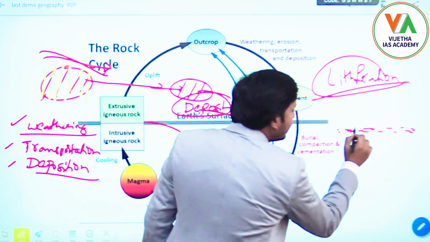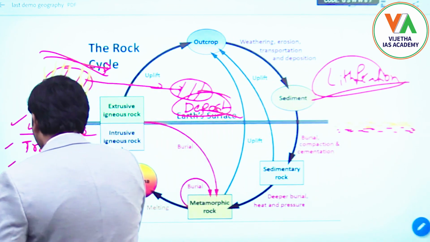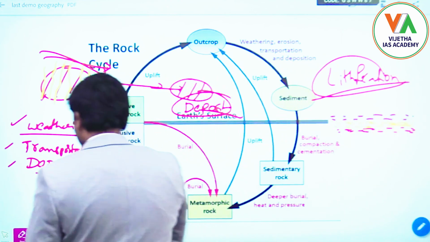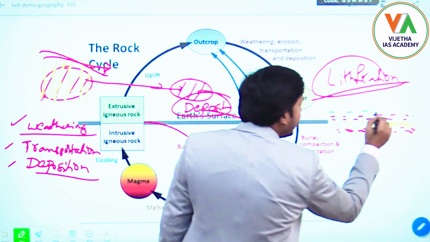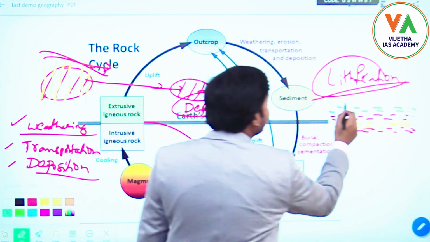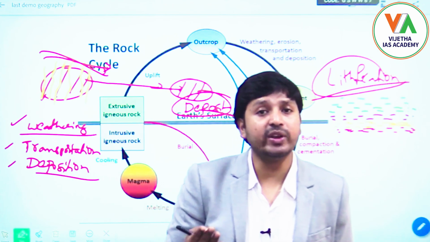Over this, with time, a second layer of deposition has been deposited. Over a period of time, a third layer will be deposited here, and like this, another layer has been deposited.